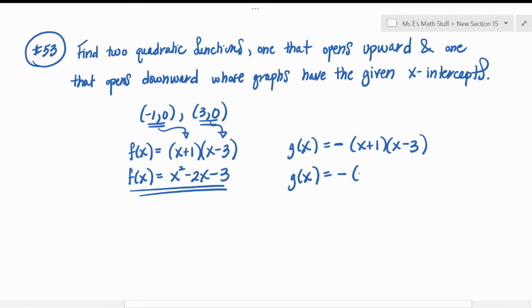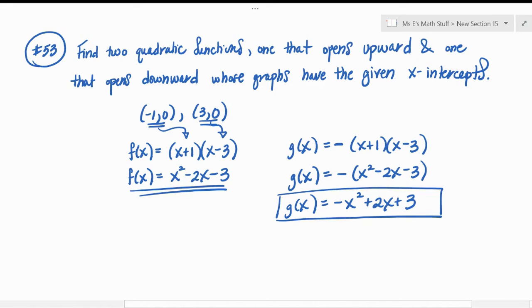You could multiply it out and distribute the negative in. Anyway, these would be your two answers here and here. Hopefully that helps.